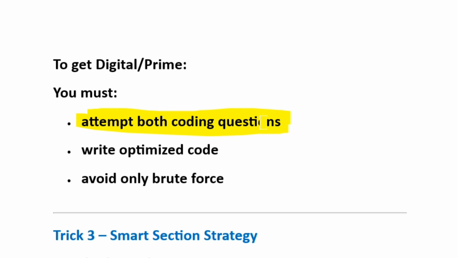Try to attempt both, and it will benefit you. Write optimized code. If you know OOPs concepts, you should be able to code cleanly, which will make a great impact on your interviewer, so your chances of getting selected will be higher. And avoid only brute force.